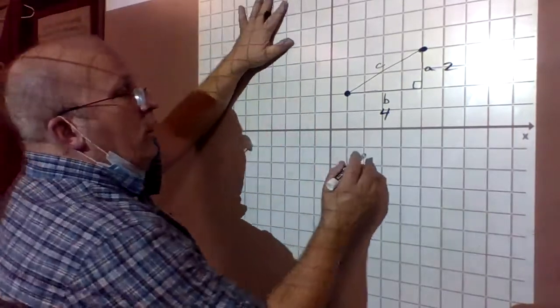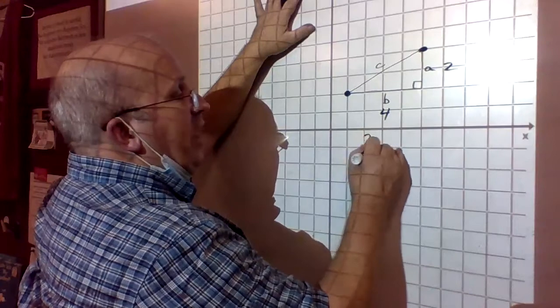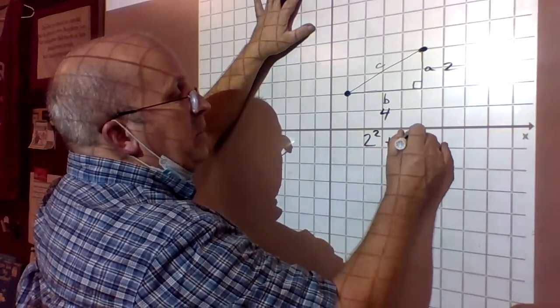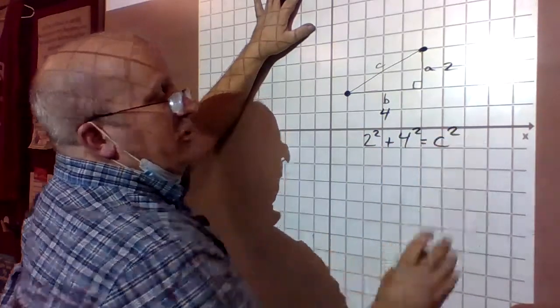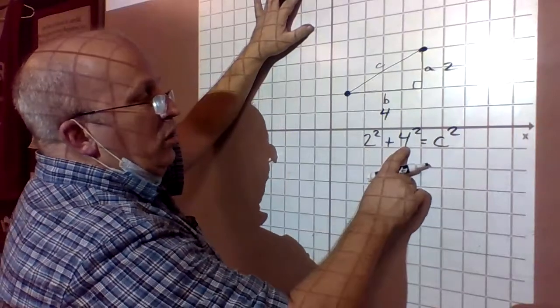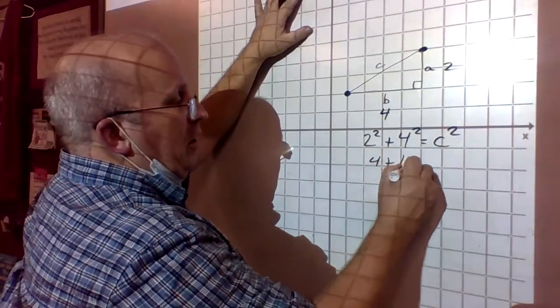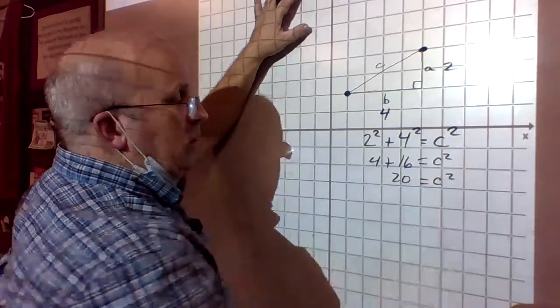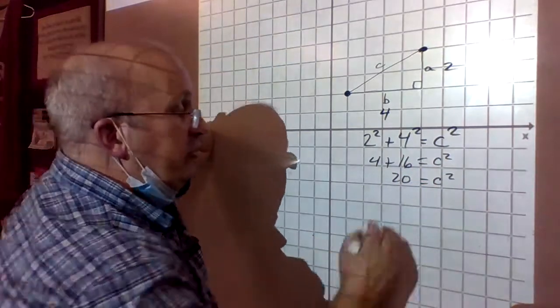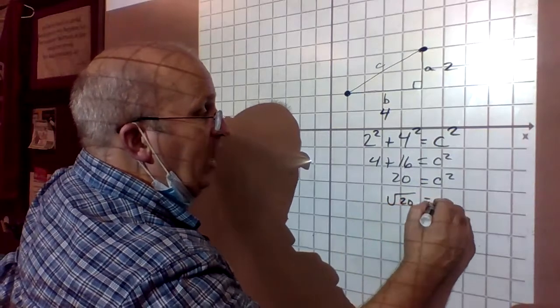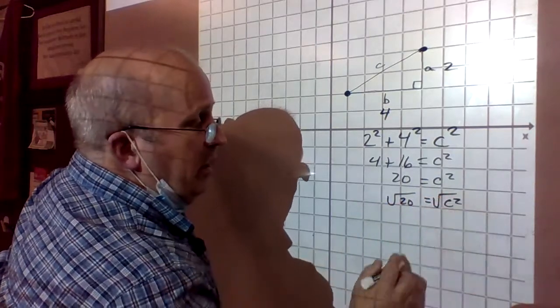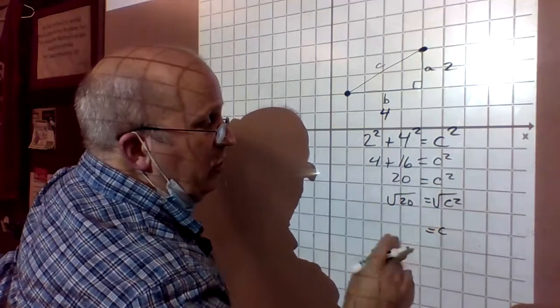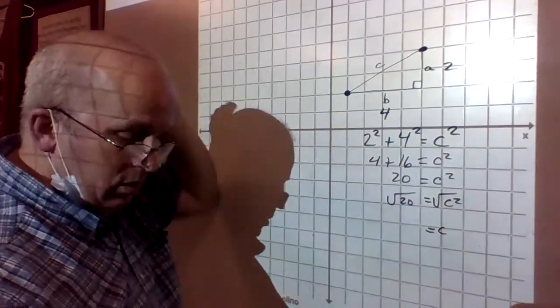So, a squared plus b squared equals c squared, right? This is 4, and this is 16. They add up to make 20. Now what? Well, I need to take the square root of both sides of the equation, right? And I get a c value equaling whatever that is.